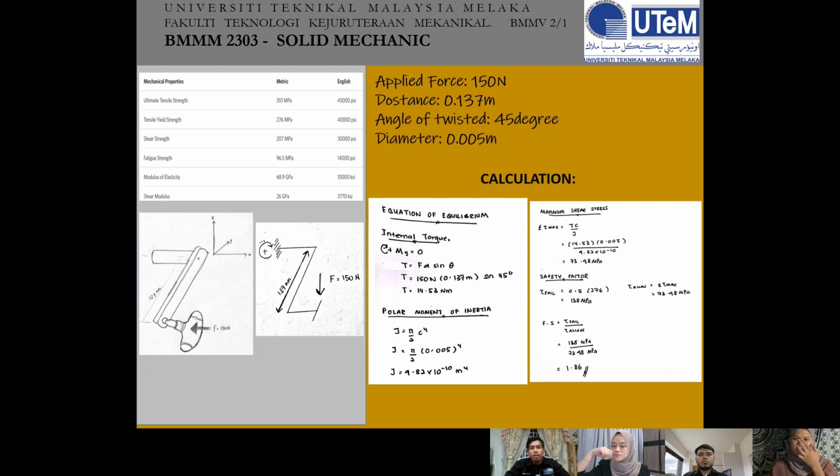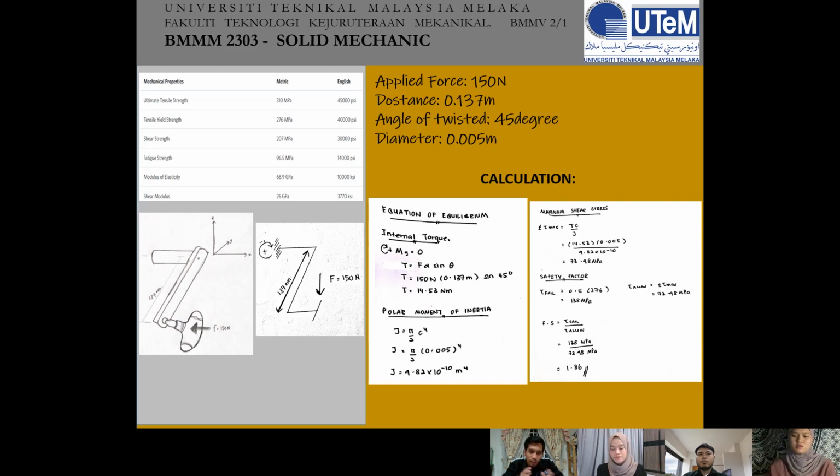Based on the free body diagram that we have made, we can develop the equilibrium equation, which is positive clockwise, summation of moment is equal to 0. And from this FBD, we can also analyze how many force members there are.